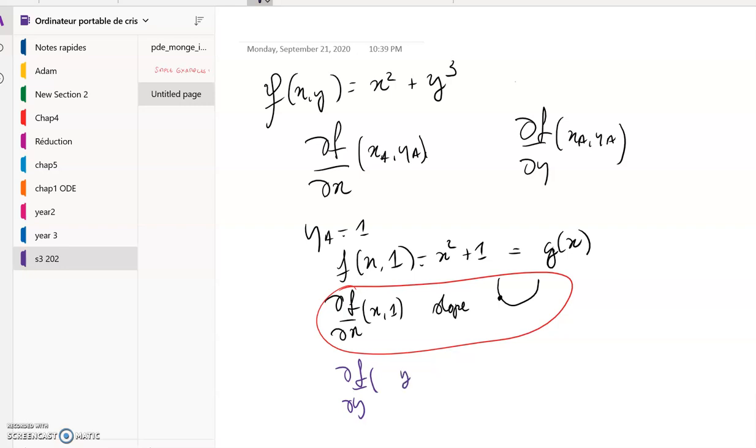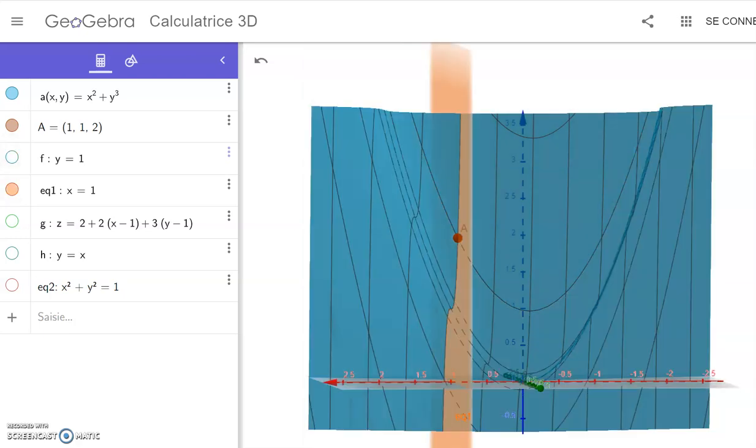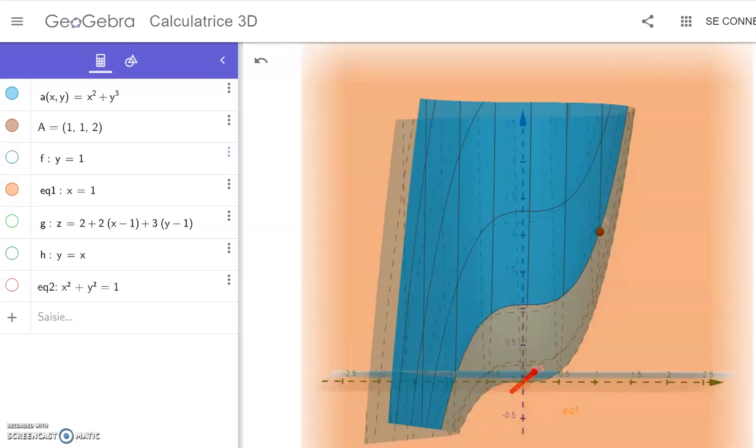Of course, if you also want df over dy, then y moves around that point, for a fixed value of x equal to 1. So what does it correspond to? It's no more the intersection with the plane of equation y equal to 1; it's the intersection with the plane x equal to 1.